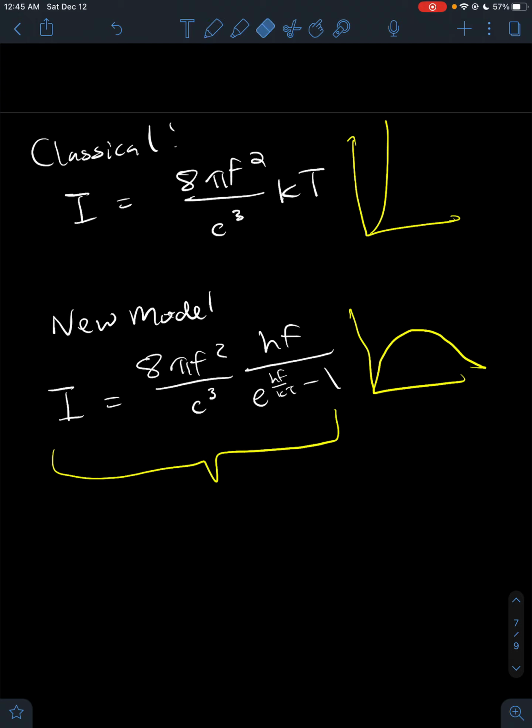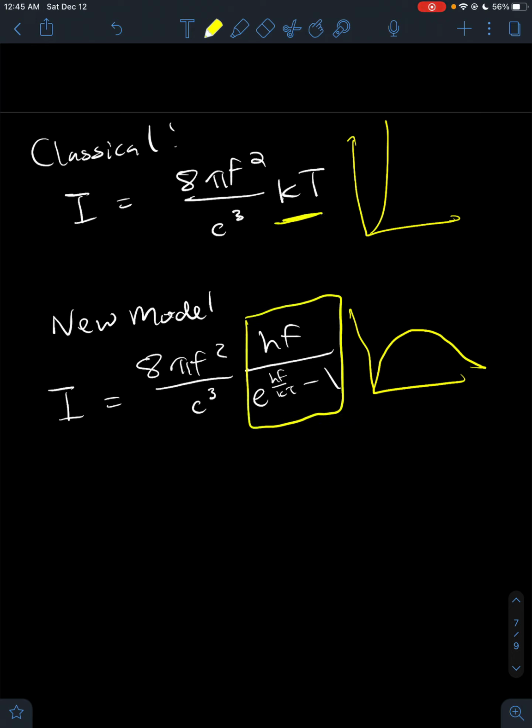I just want to motivate the model a bit and just explain this new model that we get. This new model introduces this term instead of this term over here. As you see, these are identical. This is correct. It's the second term that changes.